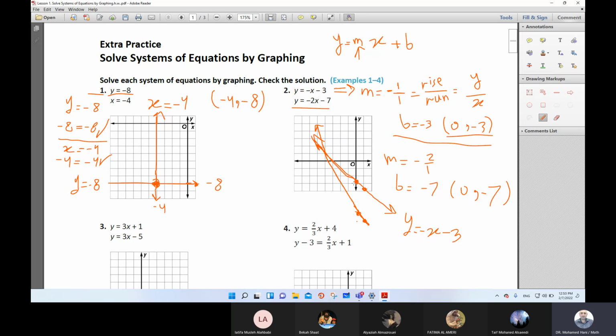When you want to draw, use the ruler, please, because here we want an exactly straight line.